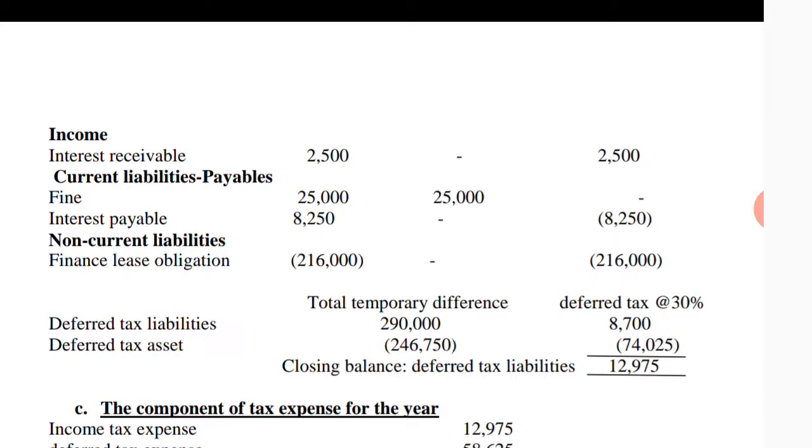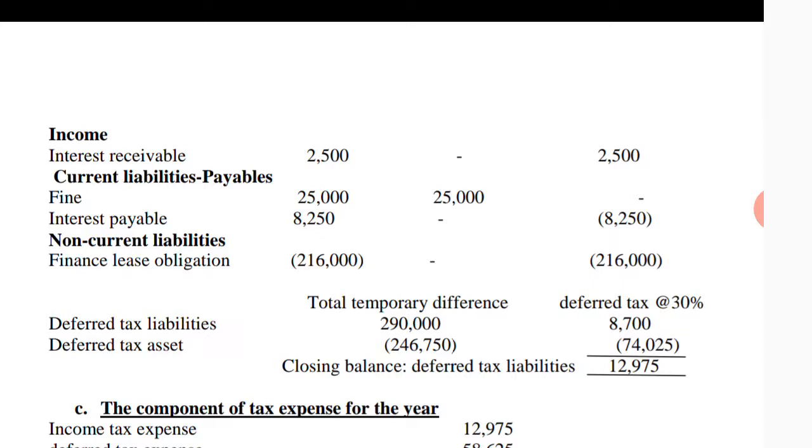Now, it will warrant a temporary difference of same amount, which is 216 million naira. Now, the carrying amount is higher than the tax base. And when carrying amount is higher than tax base for a liability, it will lead to a deferred tax asset.